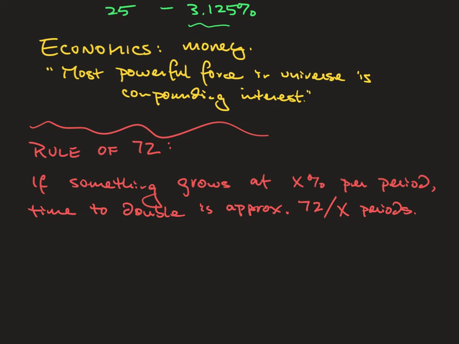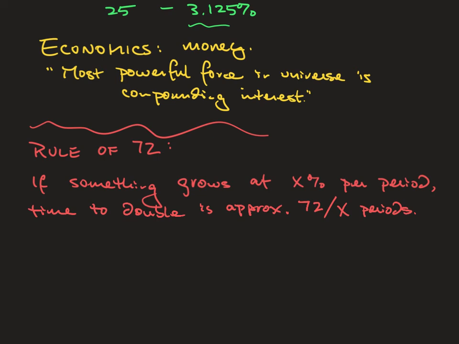Okay? So if your money is growing at 10% interest, the amount of time that it takes your money to double is approximately 7 years, right? 72 divided by 10. Let's say approximately 7 years.